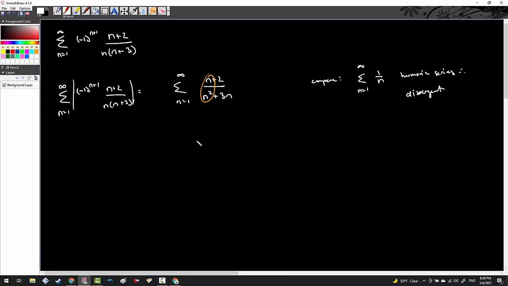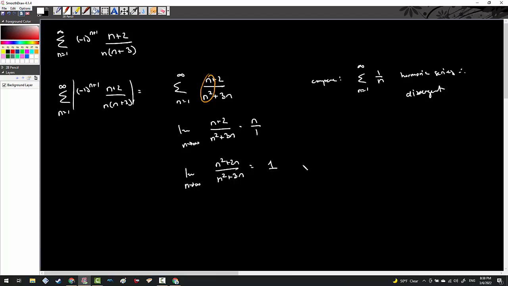And now I'm going to use the limit comparison test on this thing. So I'm going to say the limit as n goes to infinity of (n plus 2) over (n squared plus 3n). Hopefully it makes enough sense that by dividing by 1 over n, I'm multiplying by its reciprocal. So the limit as n goes to infinity of (n squared plus 2n) over (n squared plus 3n), negligible difference.